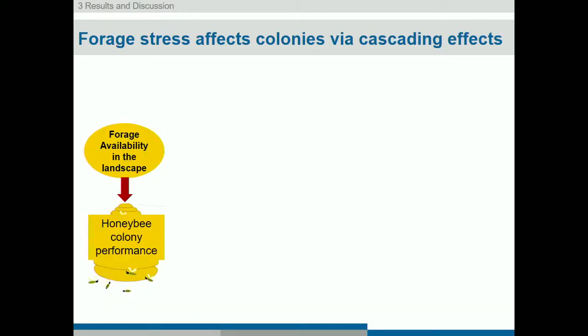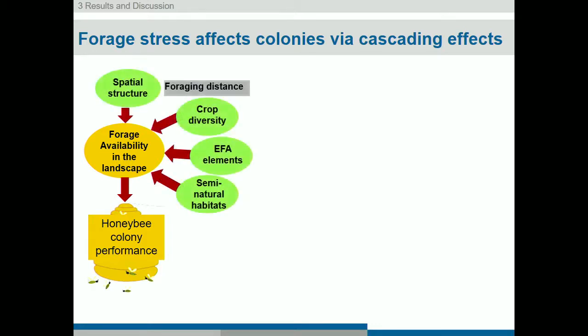Honeybee colony performance and thus viability is influenced by the forage availability in the landscape. This is influenced by the crop diversity, but mostly by the frequency and location of semi-natural habitats, but also by the implementation of ecological focus areas, their coverages and types, and also the spatial structure.